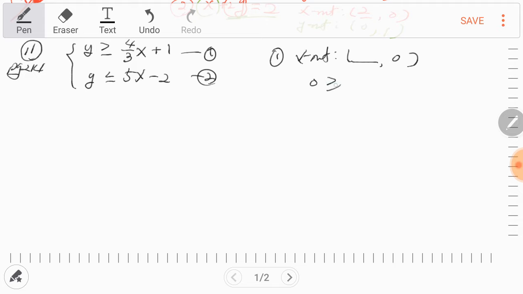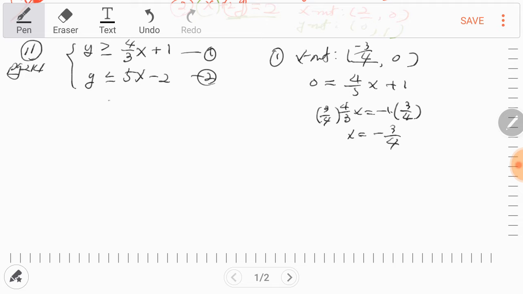Let's use the equation 4/3 x plus 1 equals 0, then 4/3 x equals -1, so multiply each side by the reciprocal of 4/3, which is 3/4. So the x-intercept is -3/4.